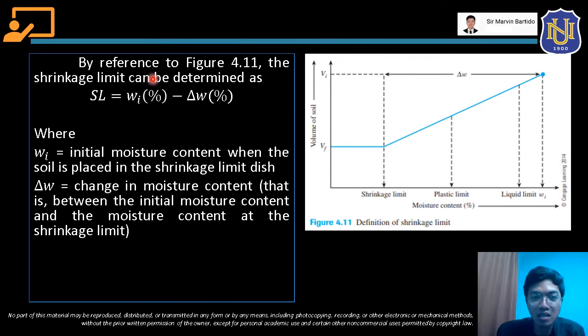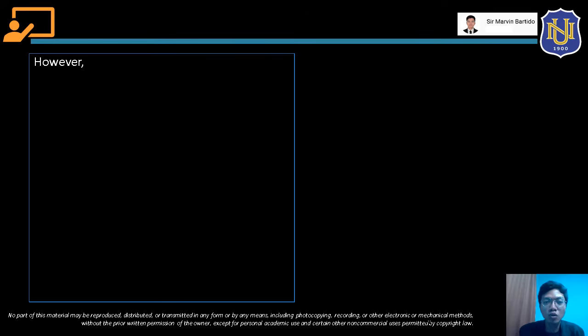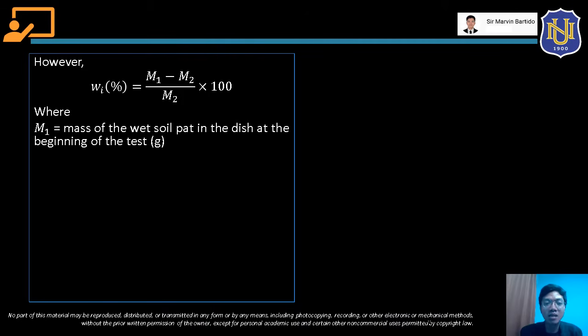In the succeeding slides, we will show how to get W sub I and delta W. To solve for W sub I, we can use this formula: W sub I is equal to M sub 1 minus M sub 2 over M sub 2 times 100, wherein M sub 1 is the mass of the wet soil pat in the dish at the beginning of the test, and M sub 2 is the mass of the dry soil pat.